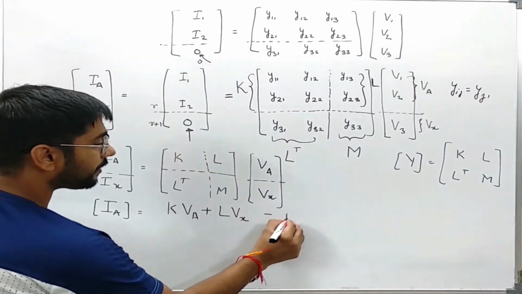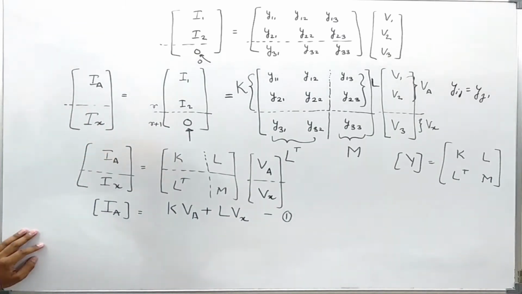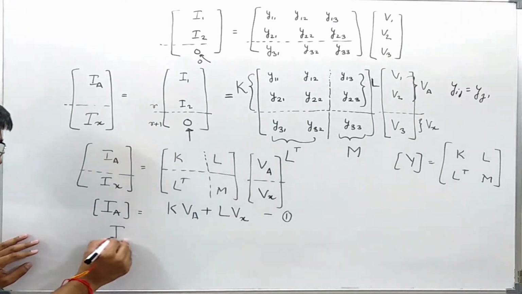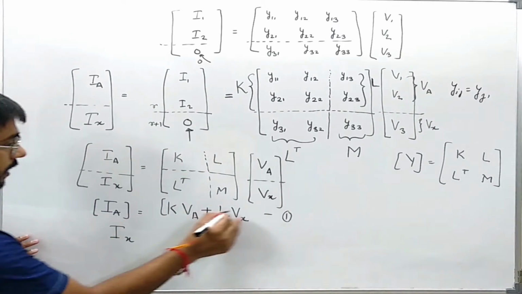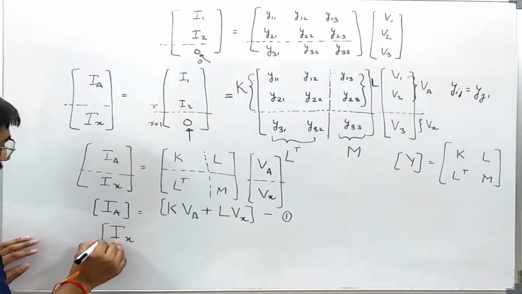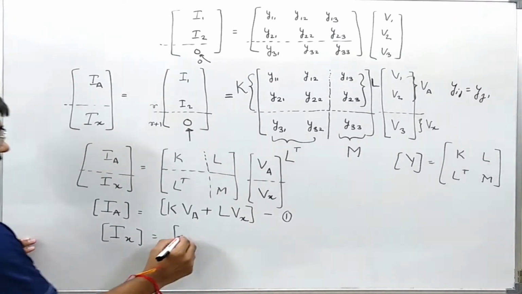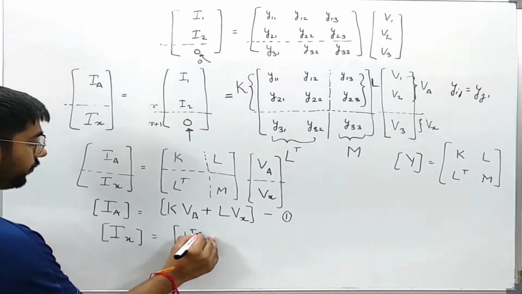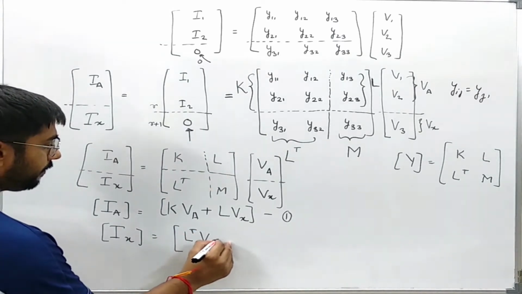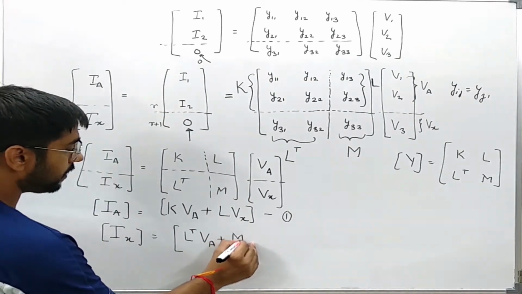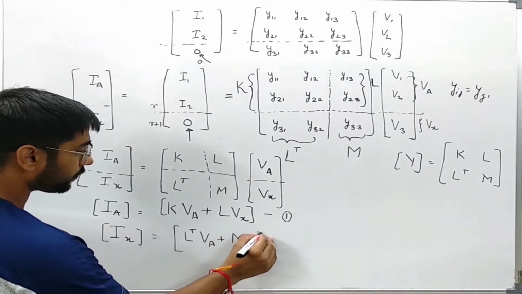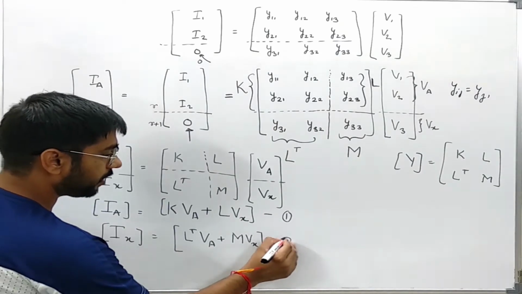Let us say this is equation number 1, and similarly IX can be written as L transpose VA plus M VX. This is equation number 2.